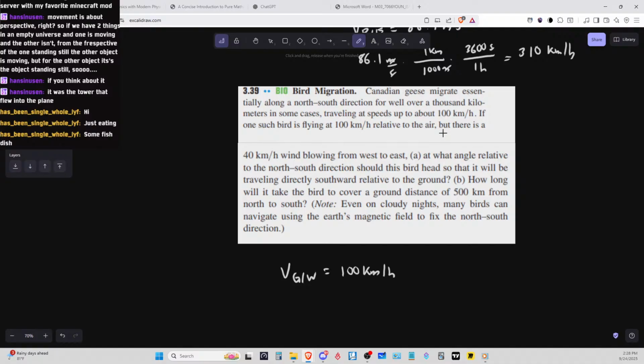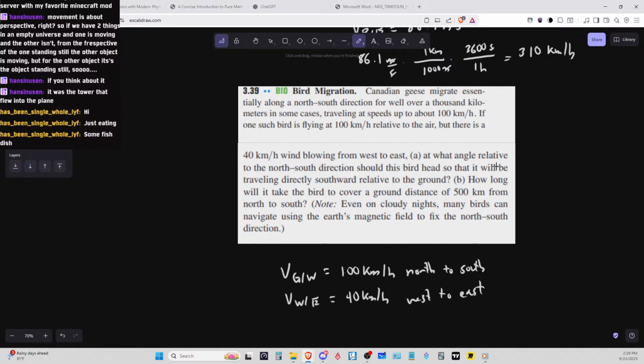And this is the wind relative to the earth, 40 kilometers per hour. I should write the direction. So from north to south, aka just the southern direction, and from west to east, mainly east. Okay.